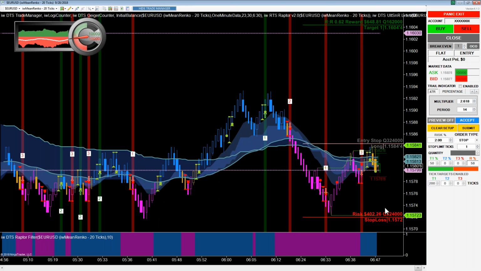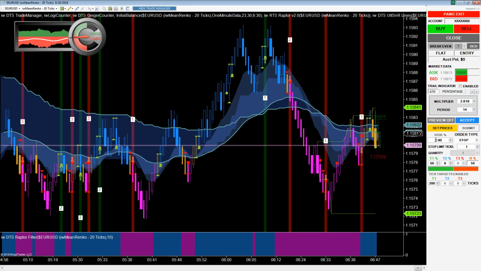Okay, so essentially what the trade manager does is it has two components here. It has the risk percent mode, and then it has the manual mode, which allows you to preset your order quantity. Right now you can see it's set at 1 because this is kind of set up for futures and not lot sizes as what you would have in the Forex market.